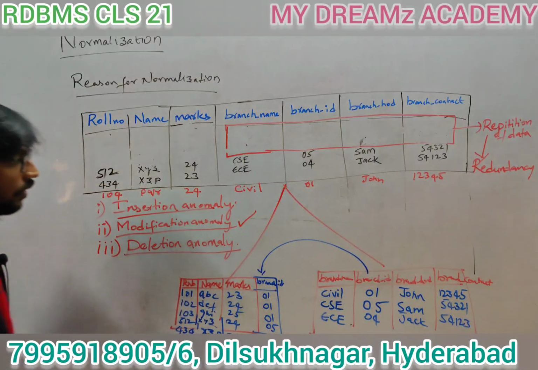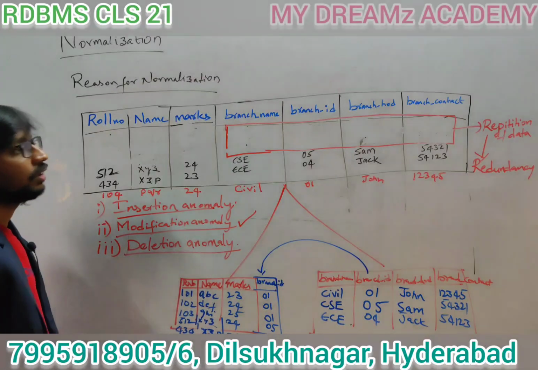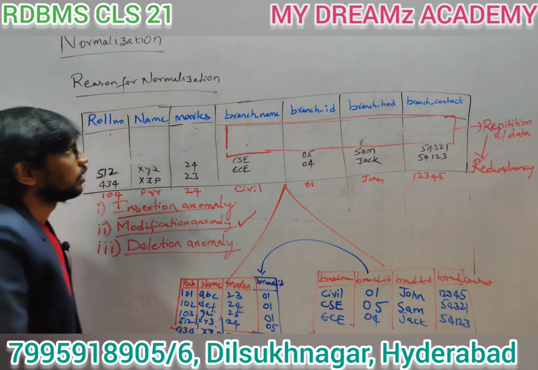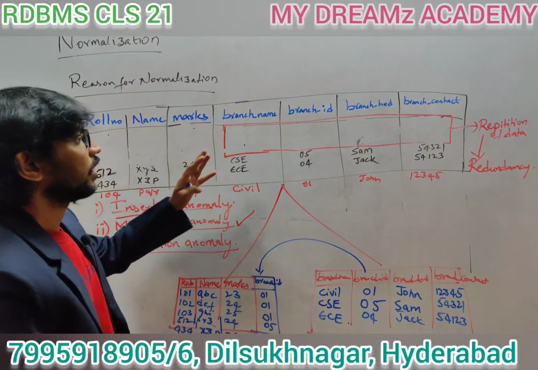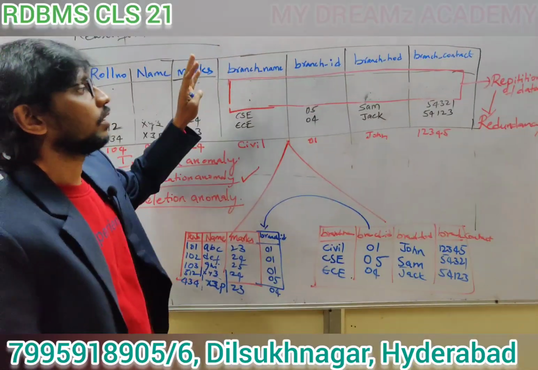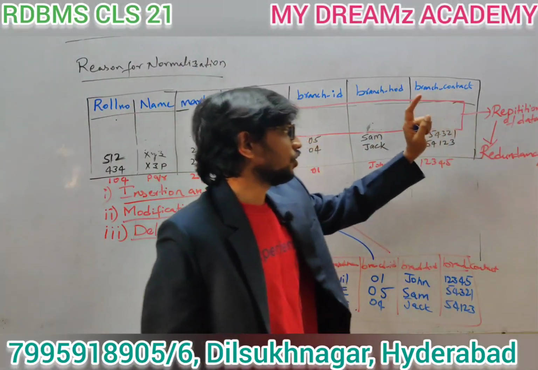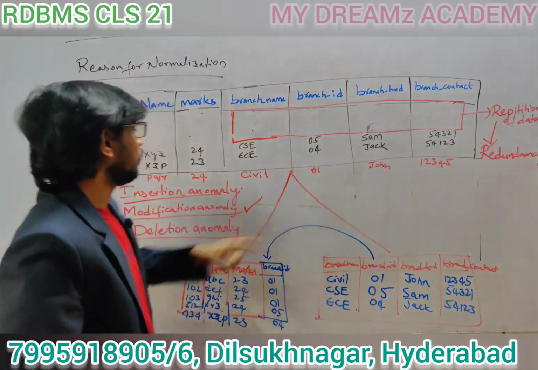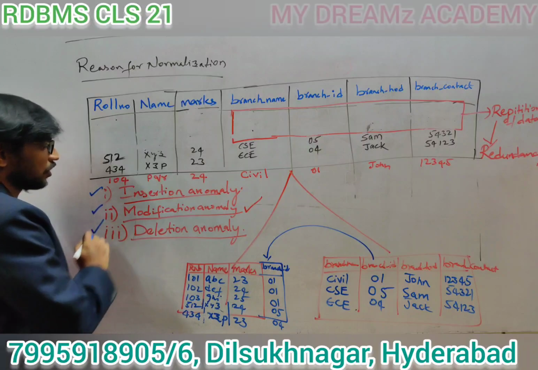See here. So in this particular way we are going to avoid the redundancy, right? So why are we going for normalization? Because there is a repetition of data, and that repetition of data is called redundancy. If you have redundancy in your table, then you will have three problems: insertion, modification and deletion anomalies.